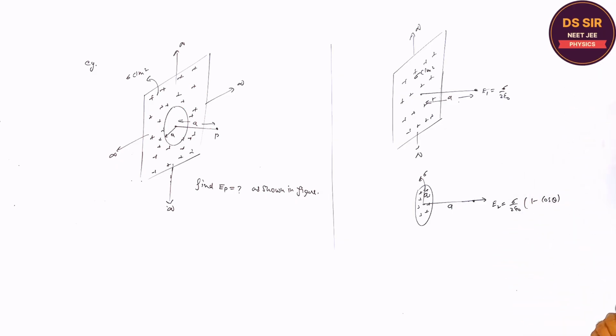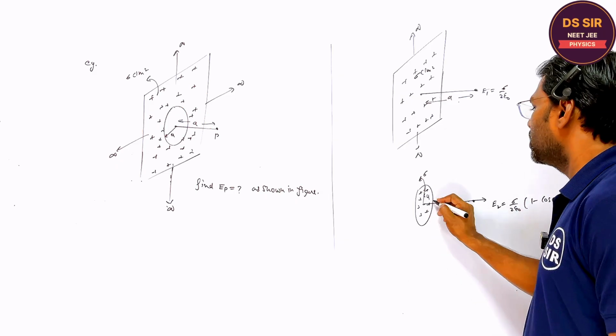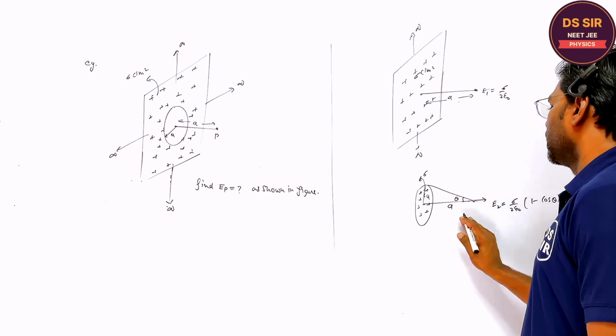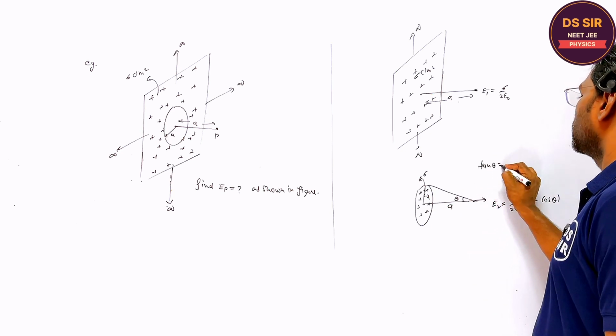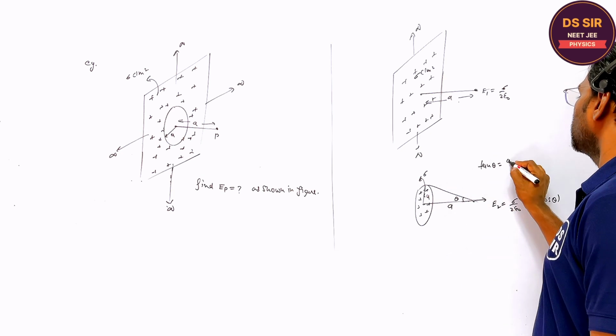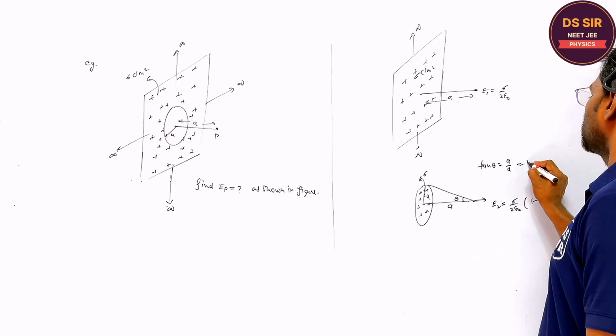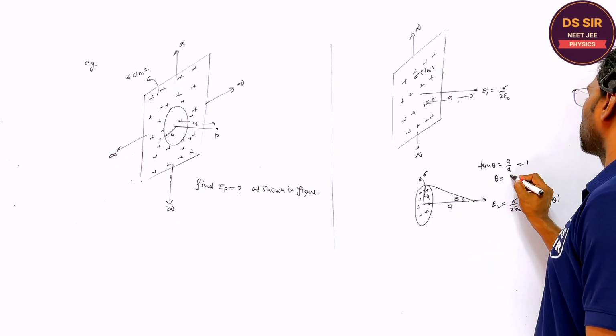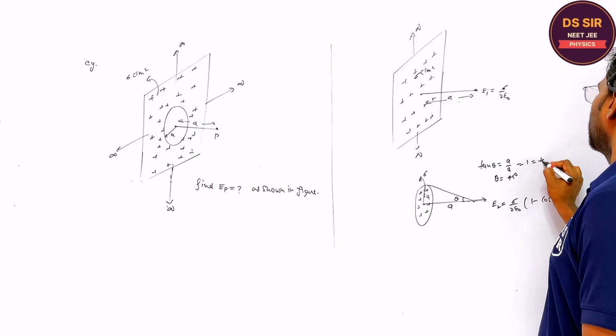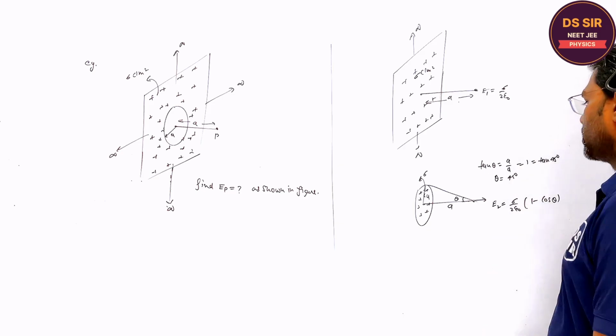If this is the radius A, what is theta? Here tan theta is perpendicular upon base, which is equal to 1. So theta is 45 degrees. It is tan 45. Is it clear or not?